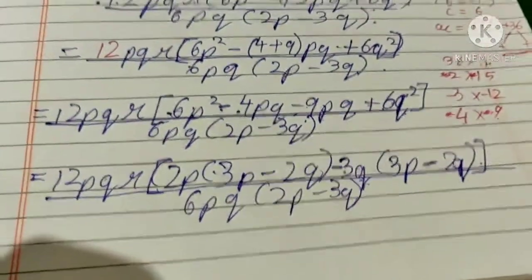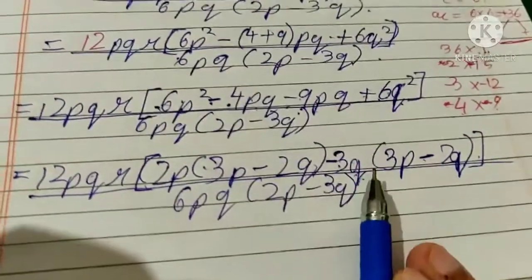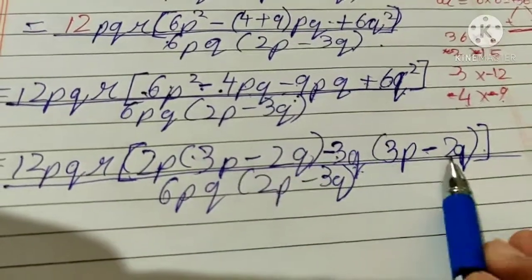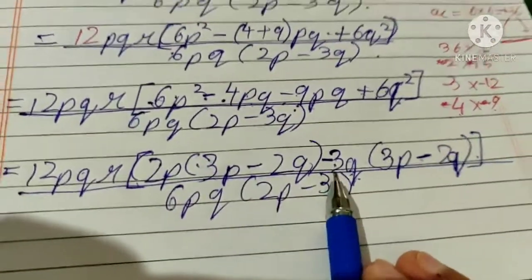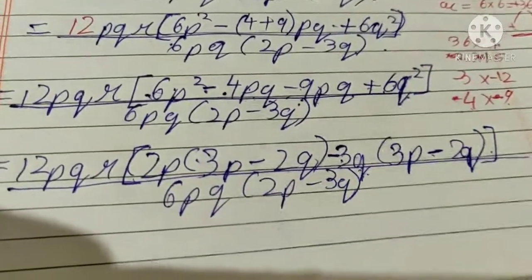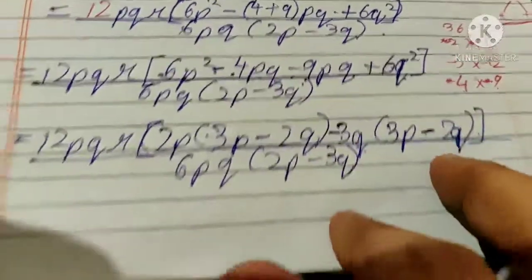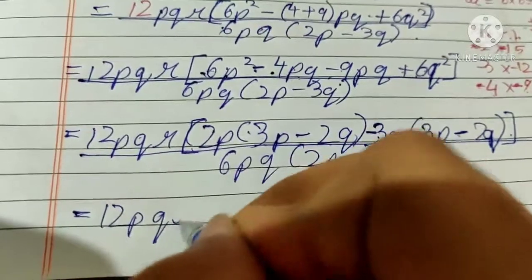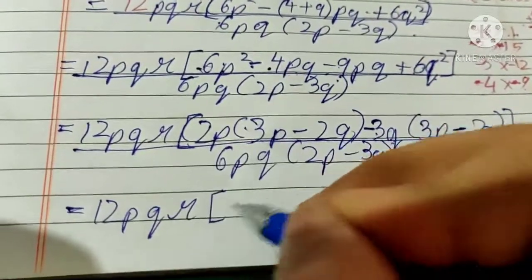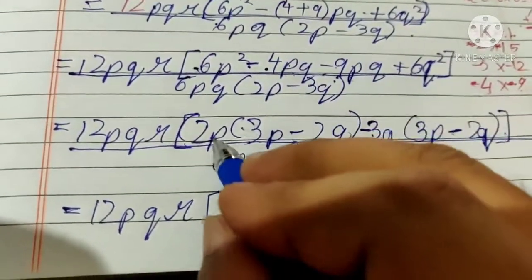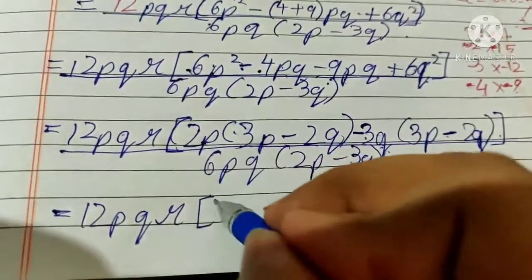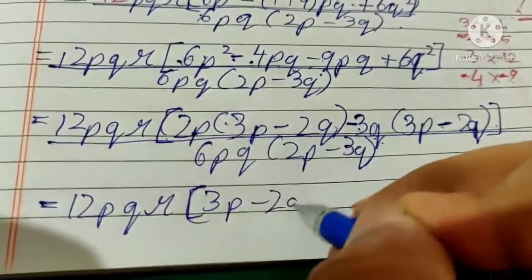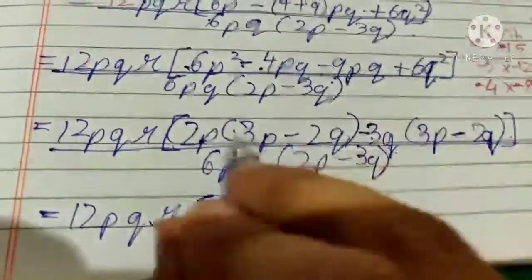Okay, so I said in the last question, if these two terms are same, then only we will proceed. Yes, these two terms are same, exactly 3p minus 2q, 3p minus 2q, they are exactly the same, so we will proceed with the question here. 12pqr, and here the factor is taking 3p minus 2q common out of these two terms.